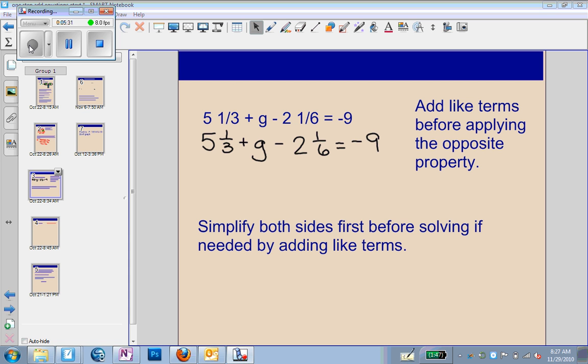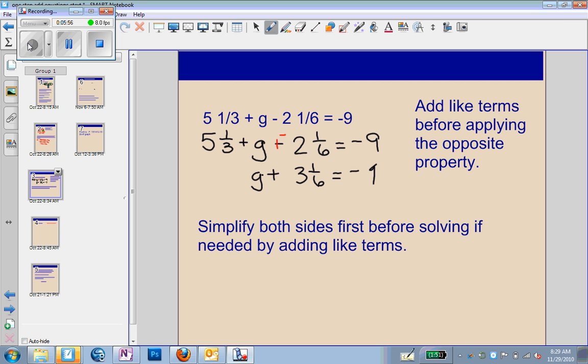So we're going to change the subtraction to addition. So we can clearly see we're adding 5 1/3 plus negative 2 1/6. When we add 5 1/3 and negative 2 1/6, we get 3 1/6. So our equation, once we've added it, is g plus 3 1/6 equals negative 9.